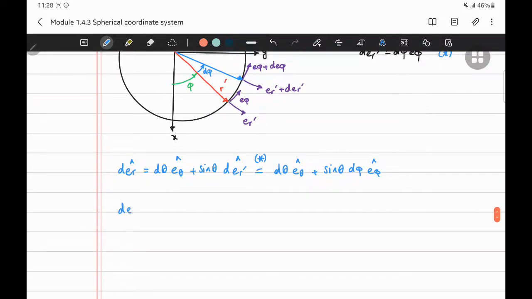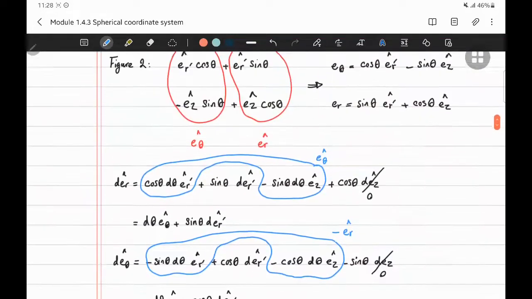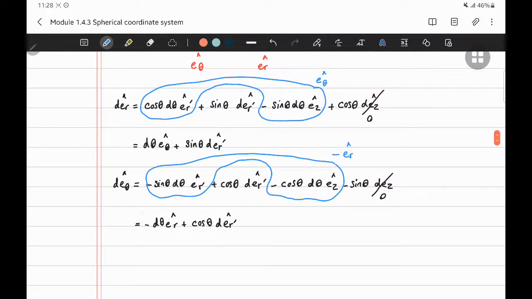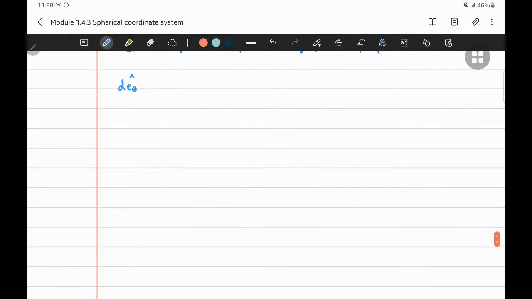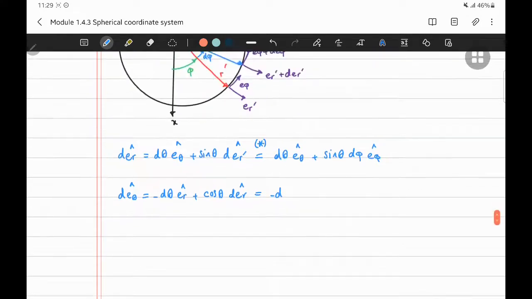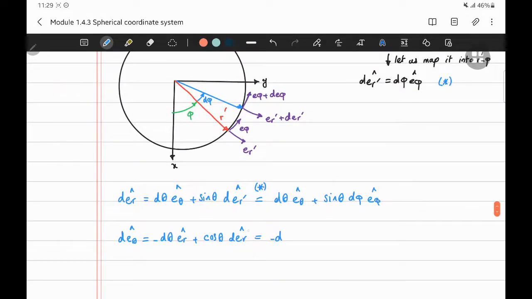And we also have d e theta from here. So I have minus d theta er plus cosine theta d er prime. I substitute this d er prime here from star.